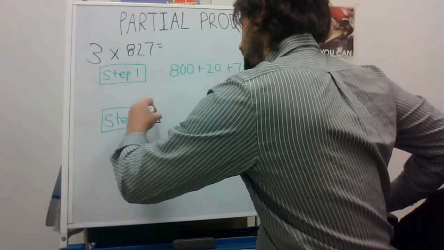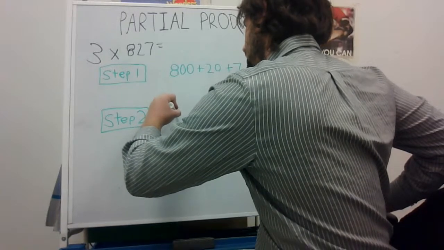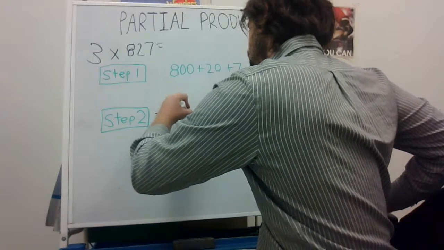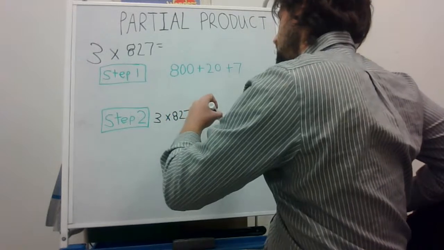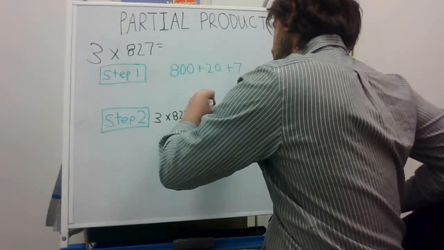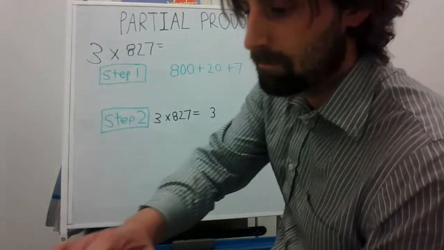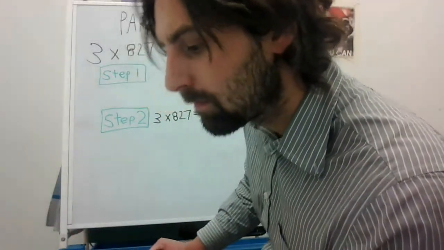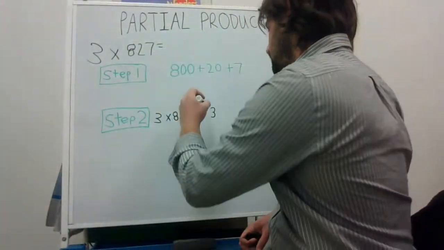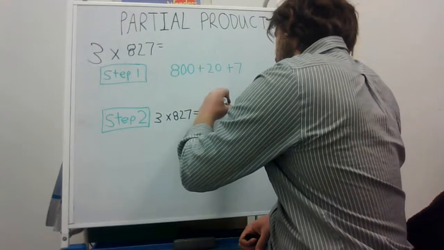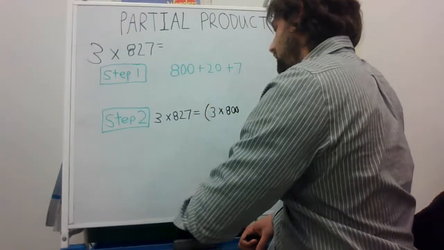So let me see if I can fit it in here. 3 times 827 equals 3 times 800. No, I'm going to write it on the next line.